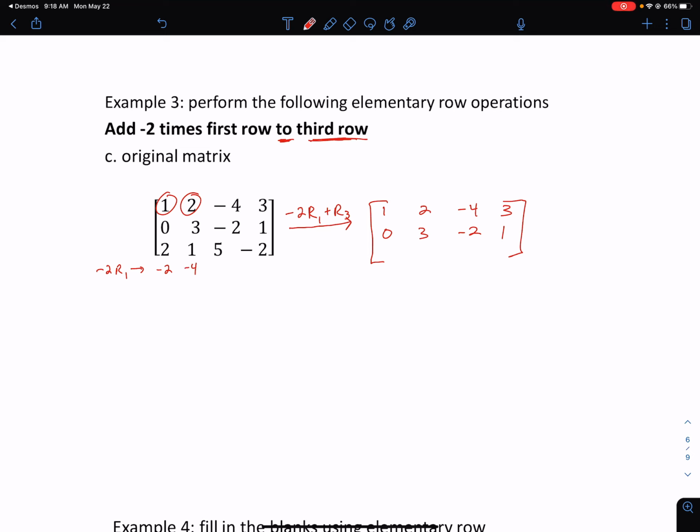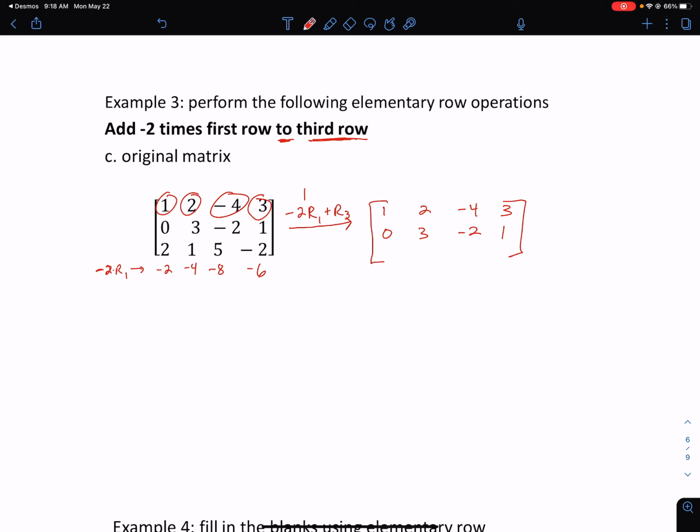If I multiply -4 times -2, I get -8. And -2 times 3, I get -6. So remember, this row just represents -2 times row 1, which is what I wanted to start.